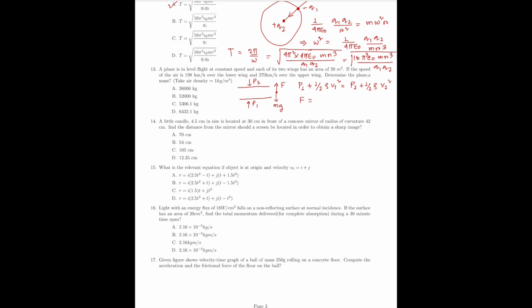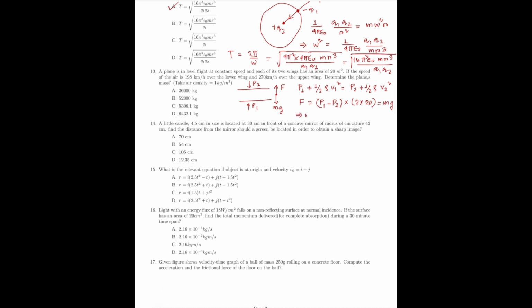And we know the upward force is P1 minus P2 into the total area of the wings, which is 2 into 20, that must be equal to the mass of the aeroplane times g. So m is P1 minus P2 divided by g times 40.